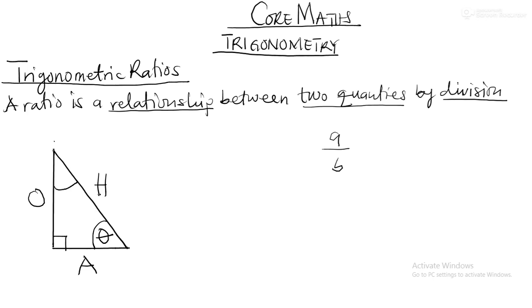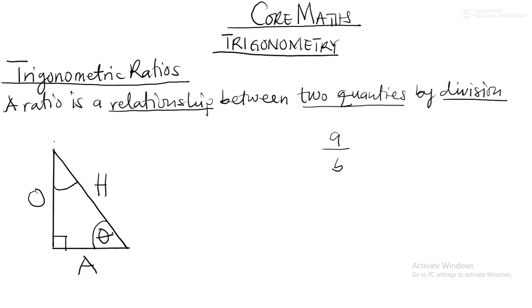We can have a relation between the hypotenuse and the opposite, between the hypotenuse and the adjacent, and between the adjacent and the opposite, in reference to this angle. So the relationship between the length of sides and the reference angle is what we call trigonometric ratio.